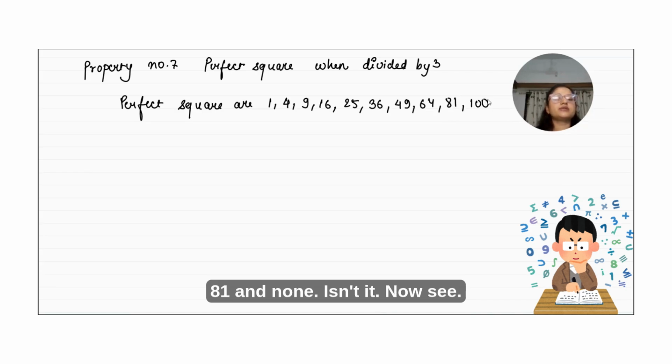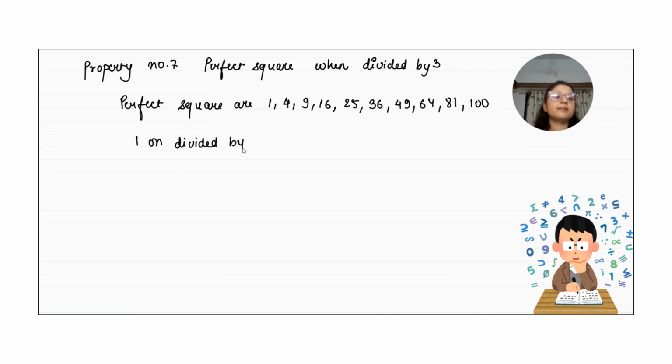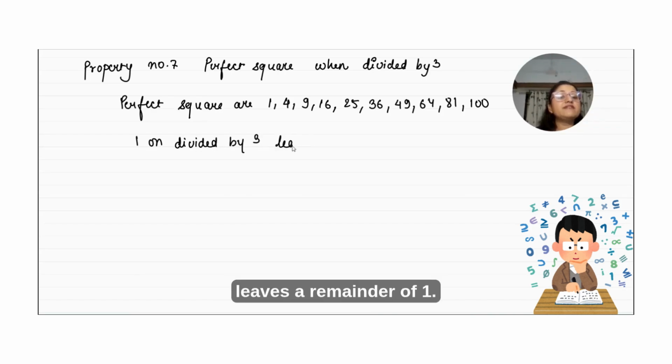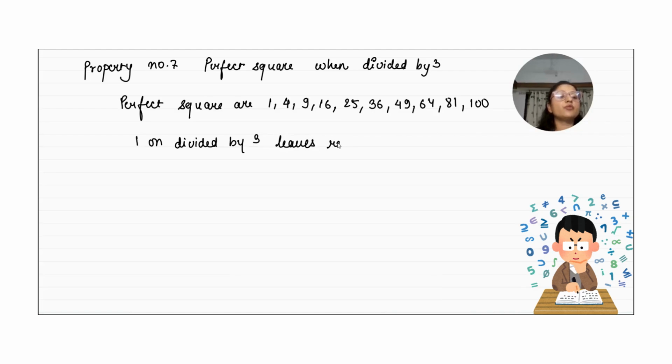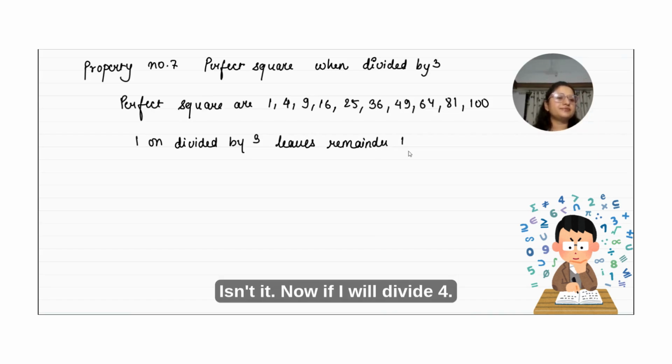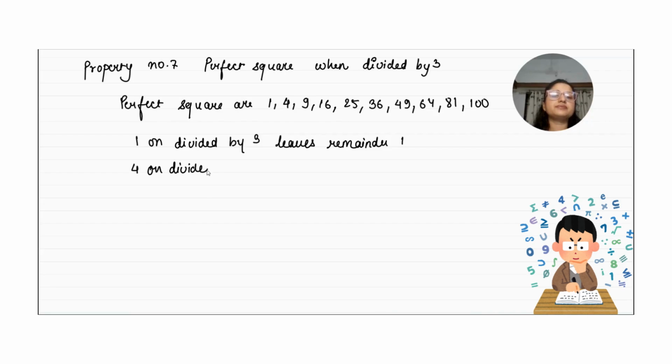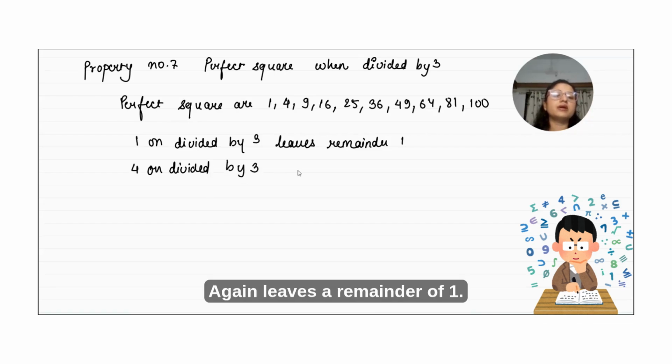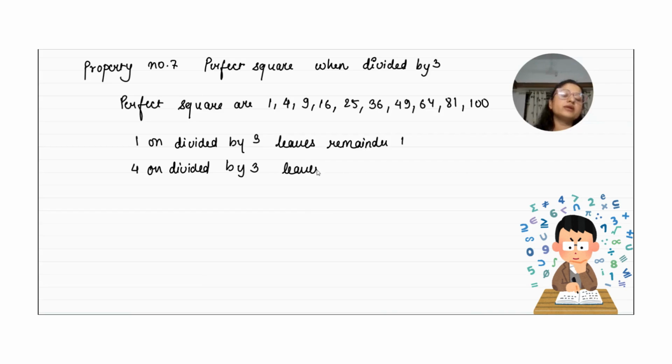Isn't it? Now see, 1 on being divided by 3 leaves a remainder of 1. Isn't it? Now, 4 on being divided by 3 again leaves a remainder of 1. Isn't it?